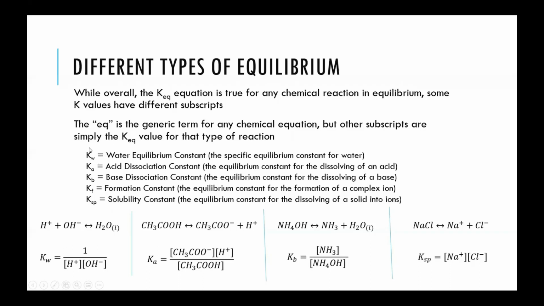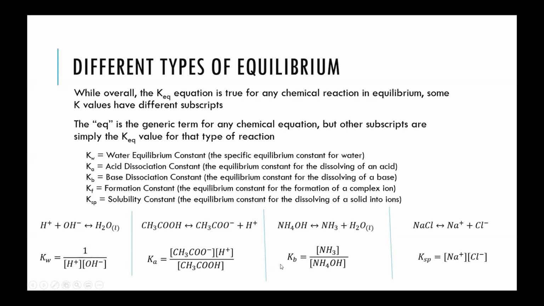So Kw is a very specific constant. That is the equilibrium of water itself. So water is in constant equilibrium with H+ ions and hydroxide, and this unique equilibrium is so important, especially in acid-base chemistry, that it has its own subscript. So Kw is the constant of the equilibrium of water.